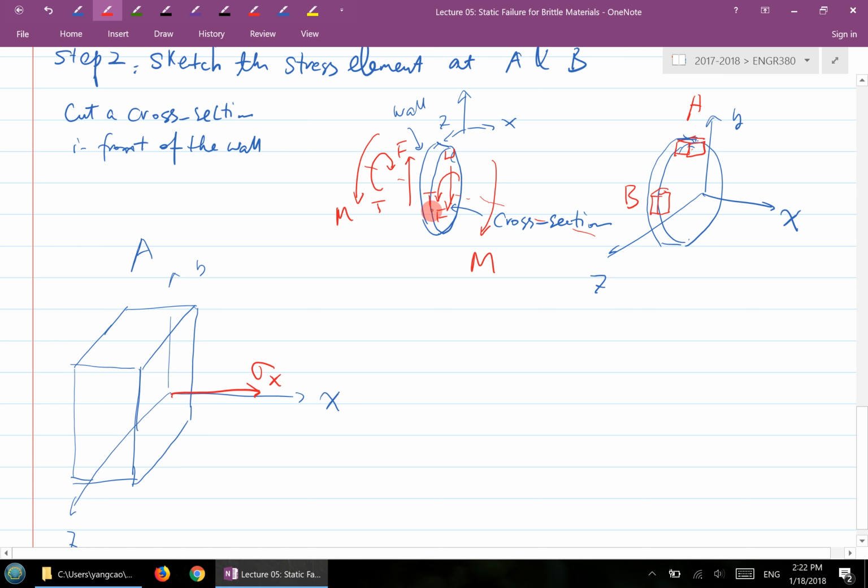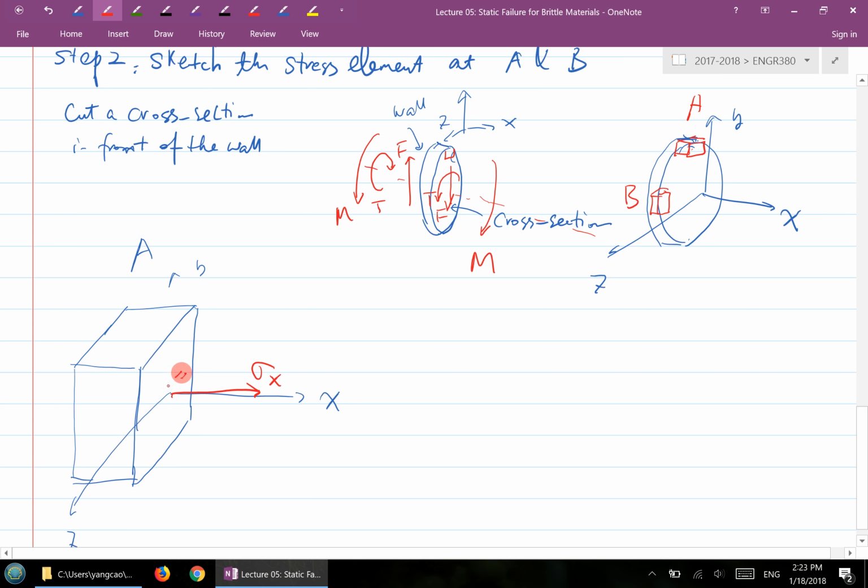Look at the torque. What type of stress will be caused by the torque at the top edge? Shear stress. And what direction will that shear stress be? Look at the direction of the torque. If I draw an arrow, a vector here, it should be pointing in which direction? At this A location, the torque is rotating like this.